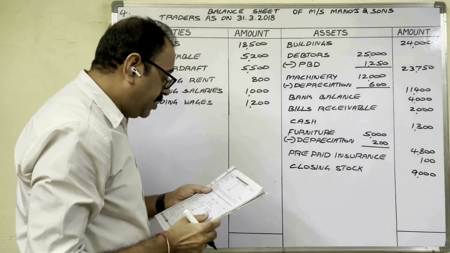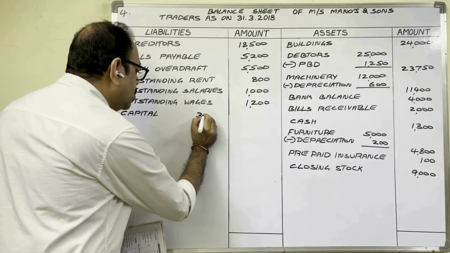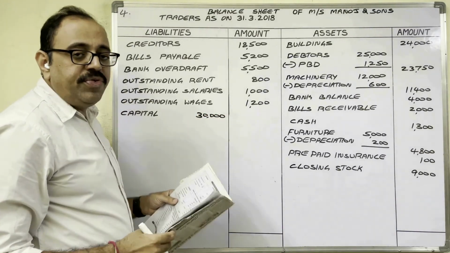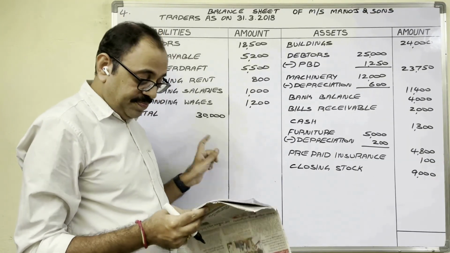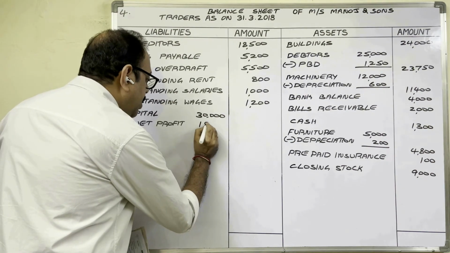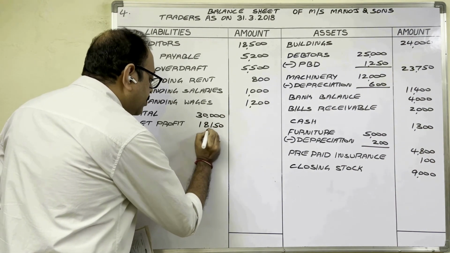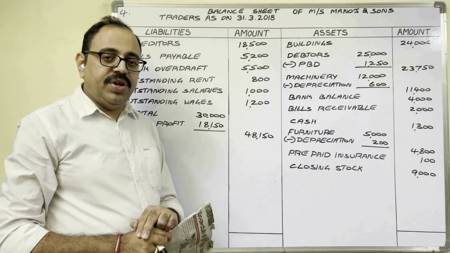Come to liability side. Capital in inner column 30,000 rupees. In profit and loss account net profit came now. That net profit we have to add. Plus net profit 18,150. Total in outer column 48,150.